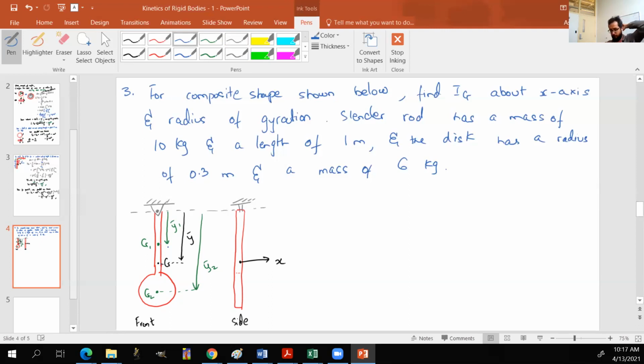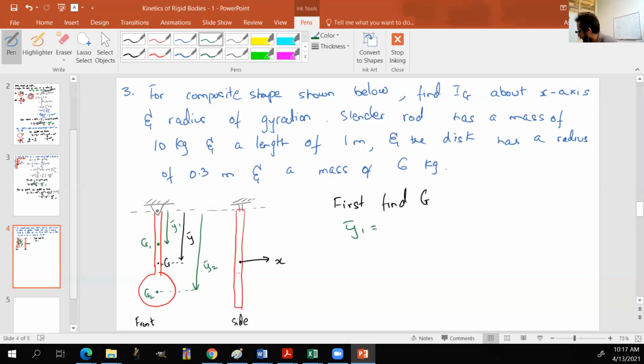And then we'll just add them up. So with that in mind, what's the first step? Find y bar. Correct. We must find G.